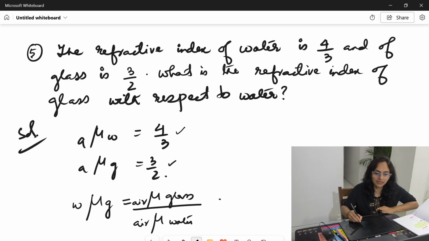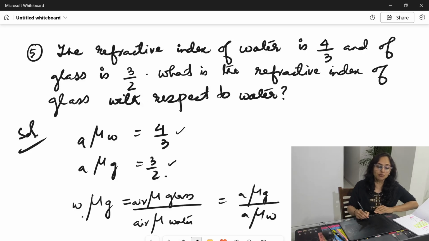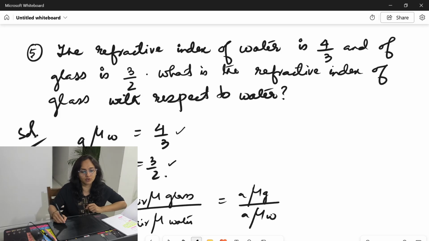So which actually it means that aμg upon aμw. So wμg formula is μg upon μw. So basically it means refractive index of glass upon refractive index of water.